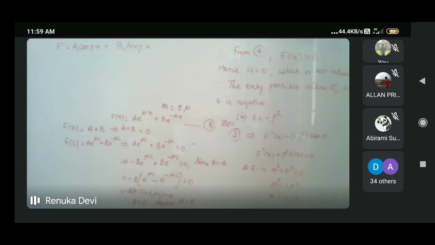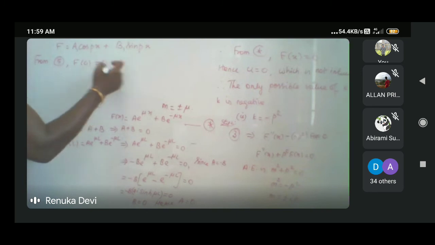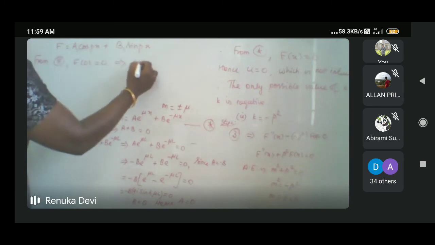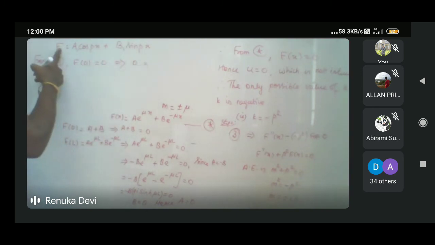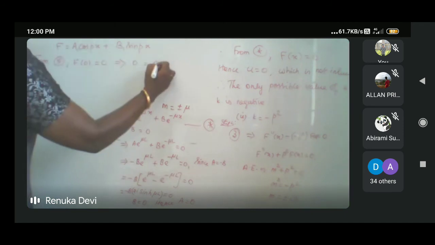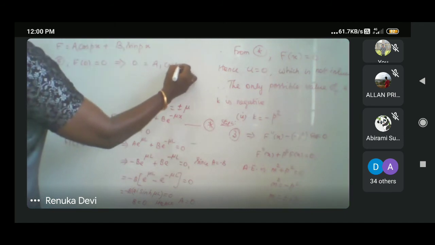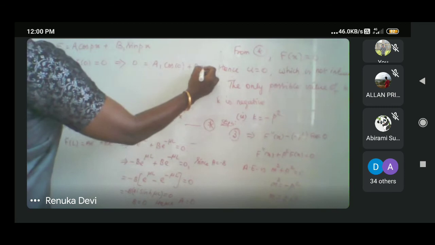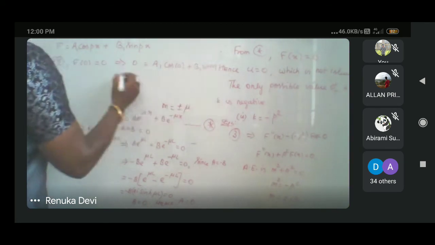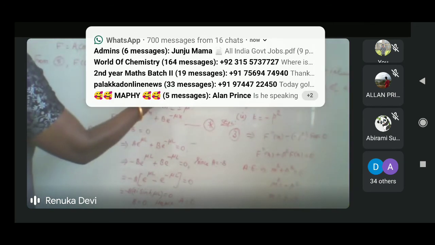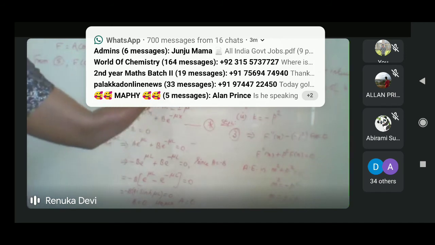Again you use 5. From 5, f of 0 equal to 0 implies 0 equal to a1 cos 0 plus b1 sin 0. This implies 0 equal to a1, because sin 0 is 0 and cos 0 is 1.